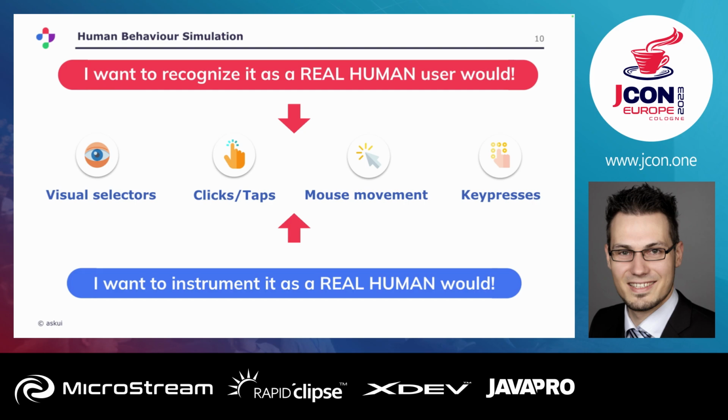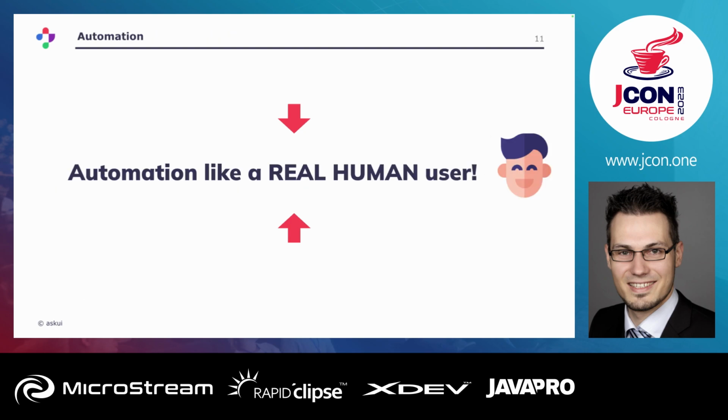This is what we actually want to do. So if we achieve these 4 things, then we can automate like a real human user. We are not constrained by some technology. We are just automating like a user. We can automate anything, even cross-platform.